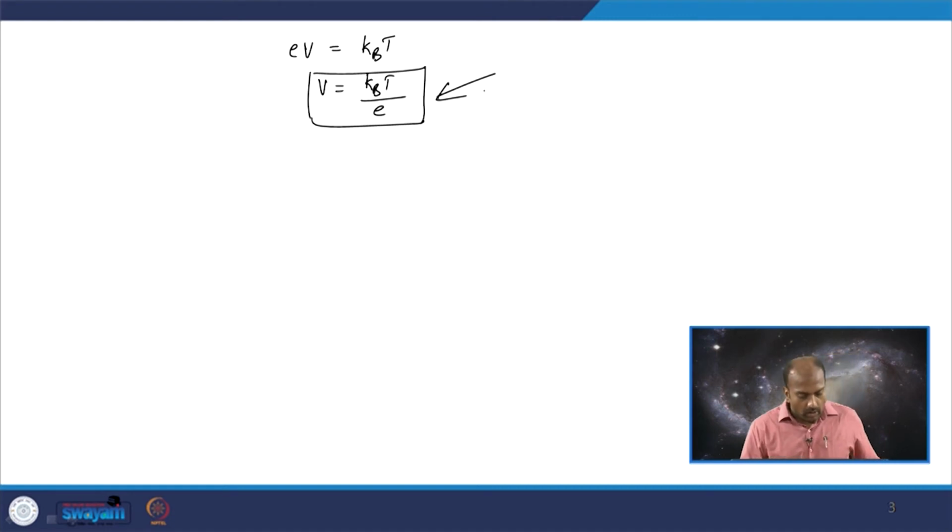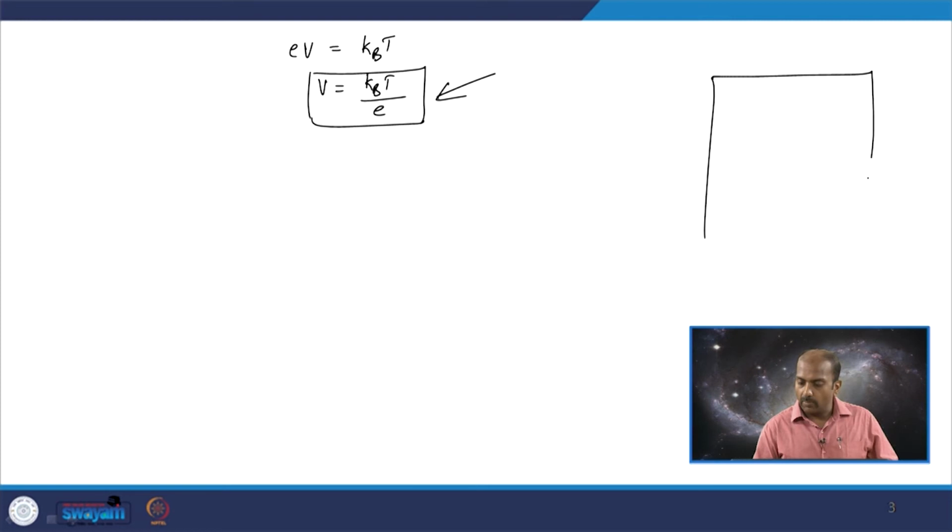So, now this is one example where you have tried to create an electric field by applying two oppositely charged electrodes. Now, the second example could be an isolated plasma.